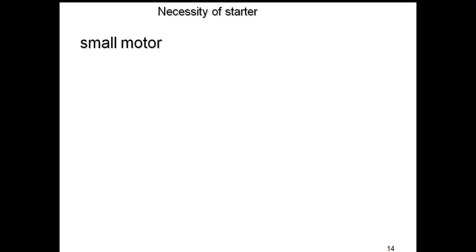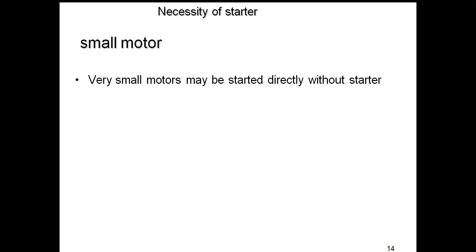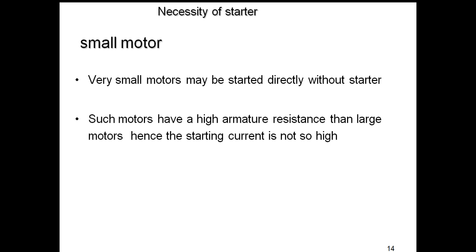And whereas small motors may be started directly without any starter, because such motors have a high armature resistance than large motors.